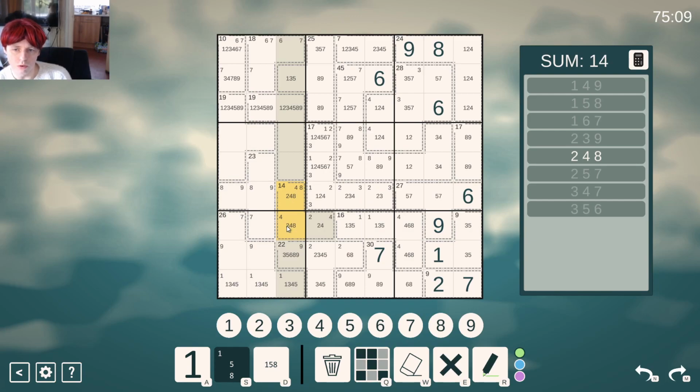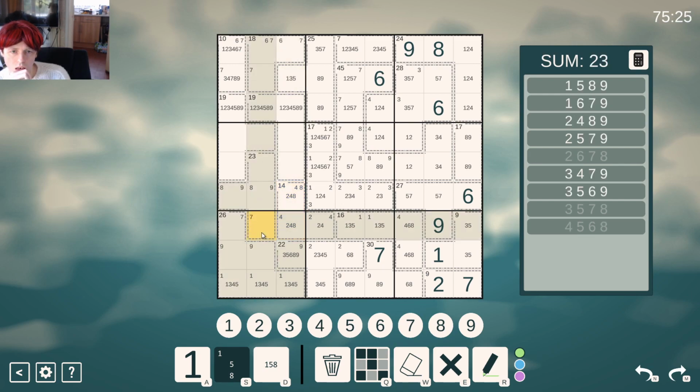And the other 2 of the 3 are 2 and 4. I can have 8 and 9 in it.